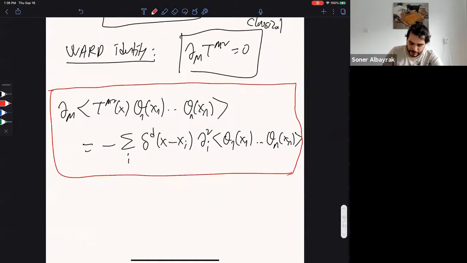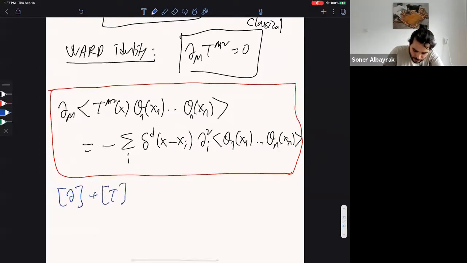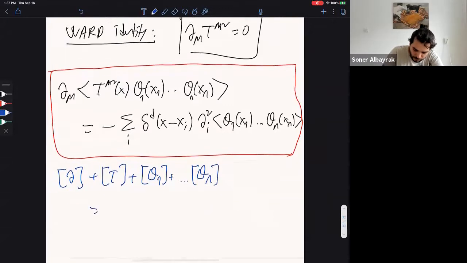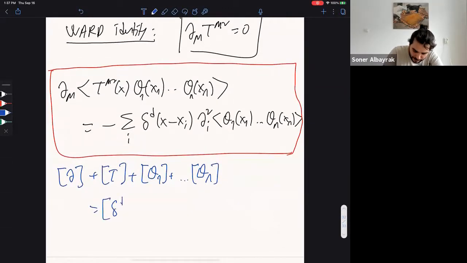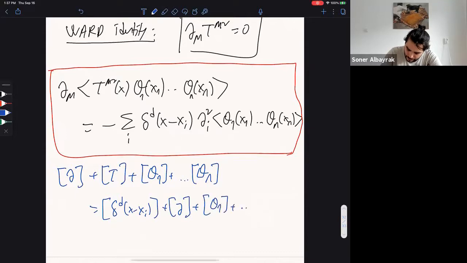But from this, we can see that if we just take the mass dimension of both sides, that means the mass dimension of the derivative plus the mass dimension of T plus the mass dimensions of O1 through On is equal to the mass dimension of the delta function plus the mass dimension of the derivative plus O1 through On.